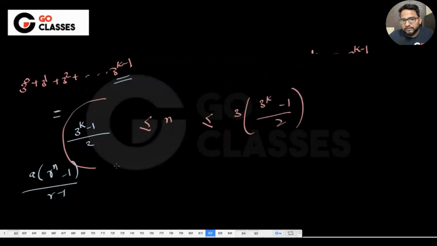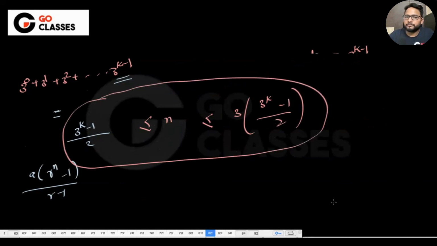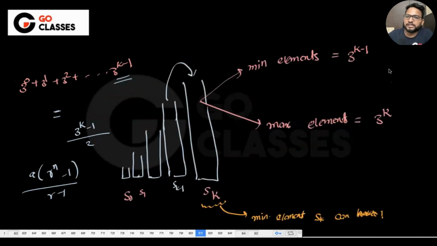I mean, minimum this much and maximum this much. Is this okay to everyone? Just 3 into this. I mean, you can multiply 3 into this series, because minimum and maximum both differ by just a factor of 3. The series will differ just by a multiplication of 3, between minimum and maximum.